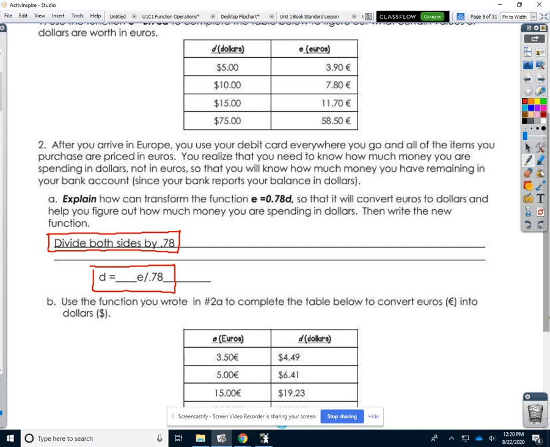In order to do that, to get d by itself, you want to divide both sides by 0.78. So therefore, d is equal to e divided by 0.78.